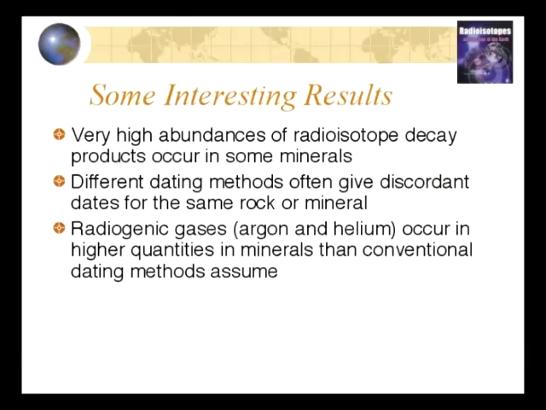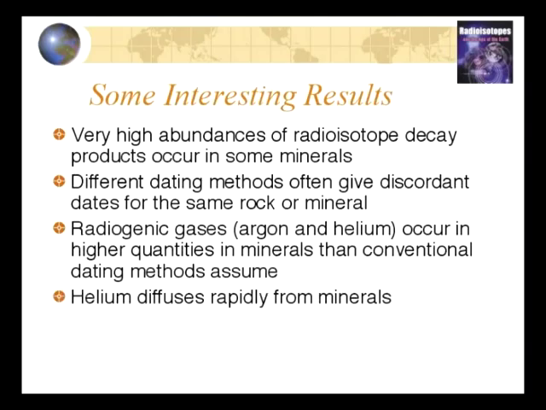And then radiogenic gases, argon and helium, occur in larger quantities in minerals than conventional dating methods assume. We're finding argon associated with the zircons especially, or the helium with the zircon, and argon associated with potassium. Helium diffuses rapidly from minerals.